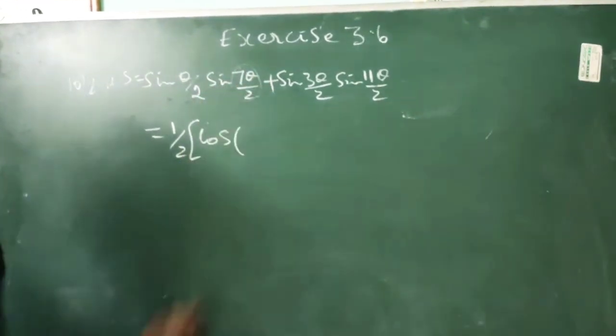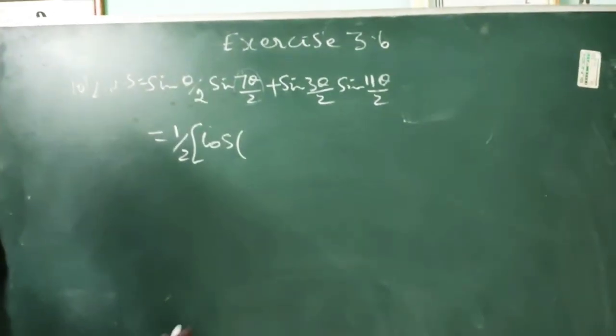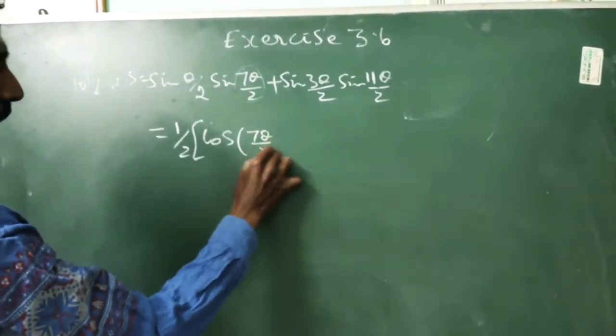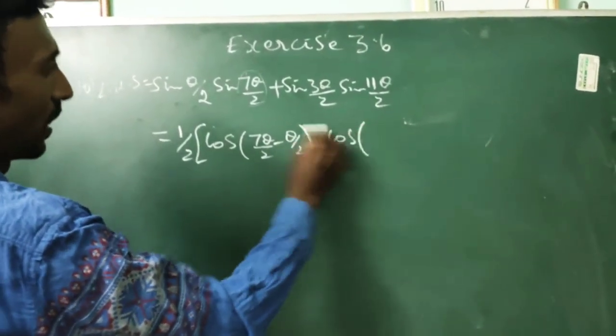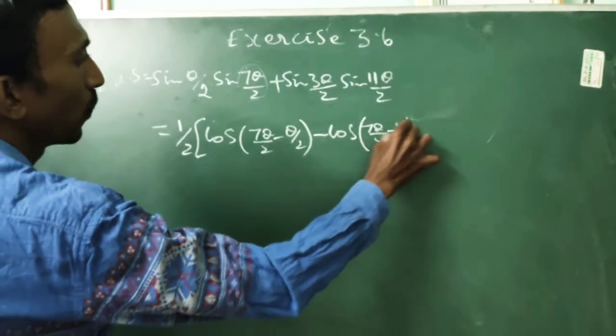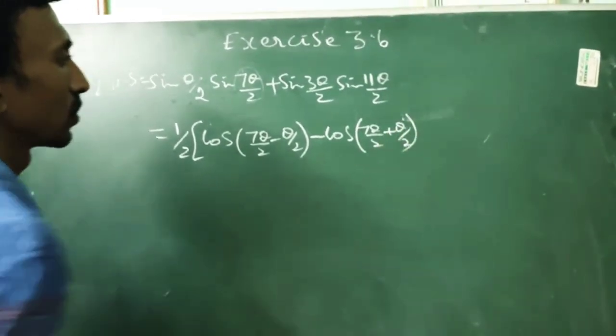So take A as 7 theta by 2 and B as theta by 2.